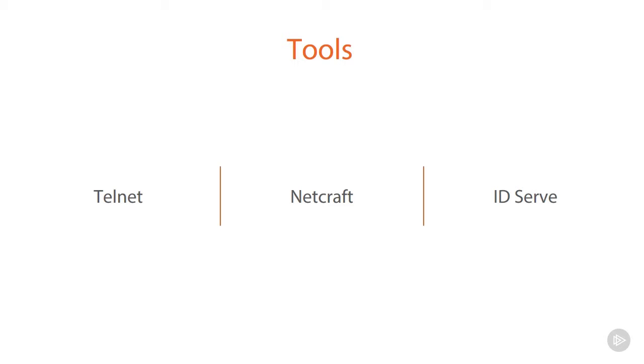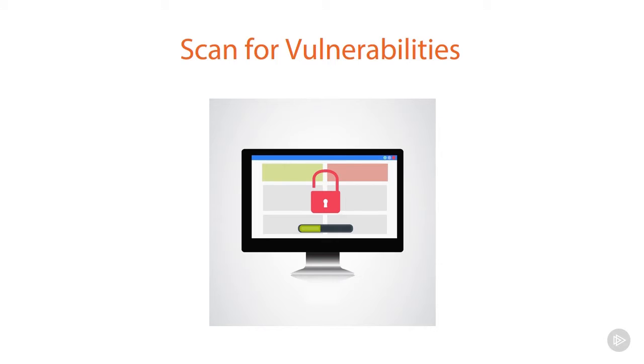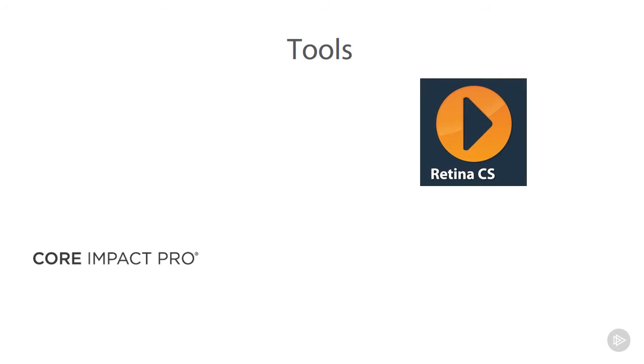Now, once we've gathered this information, our next step is to actually scan for vulnerabilities. Now, scanning the network for vulnerabilities, we can use certain tools. Again, you may have your own preferences. I'm going to just give you some highlights here, but there's obviously Core Impact Pro. There's also Retina. I'm a big fan of Retina. I've used it in the past, as well as Nessus.